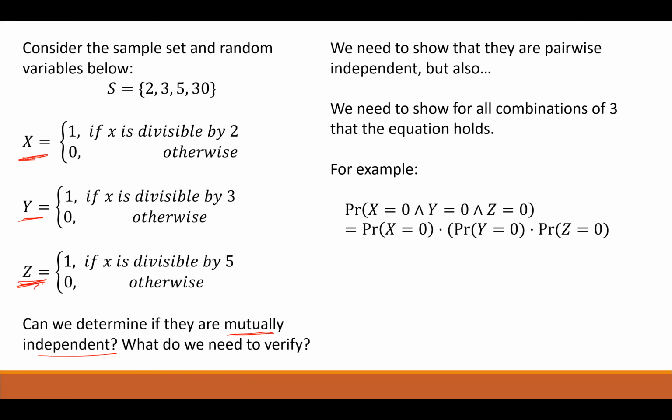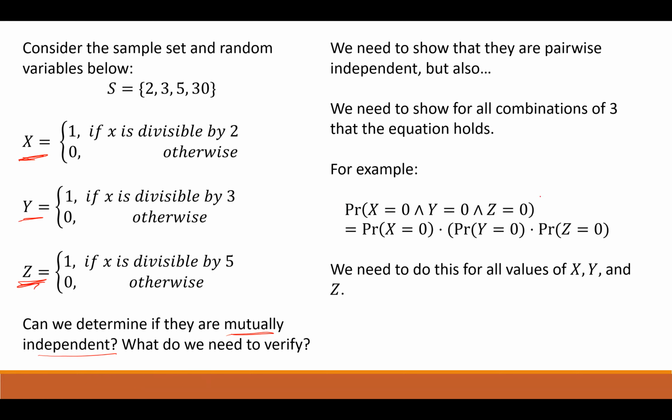And then I'd have to show that all three were mutually independent, or three-wise independent, by looking at all combinations of those. We would have to verify equations that look like this for all possible values of X, Y, and Z. In this case, there's two each, so there would be 8 variations of that.